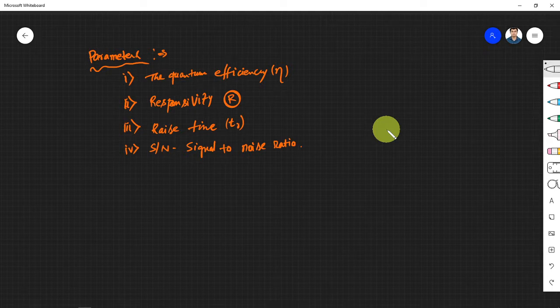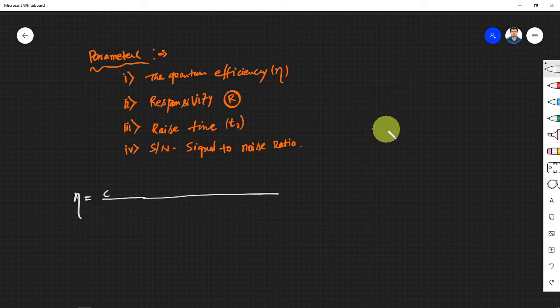Let's write down its formula. We already know it, you just have to reverse it. So the efficiency, we are talking about quantum efficiency eta. You are generating carriers, or electrons, here.